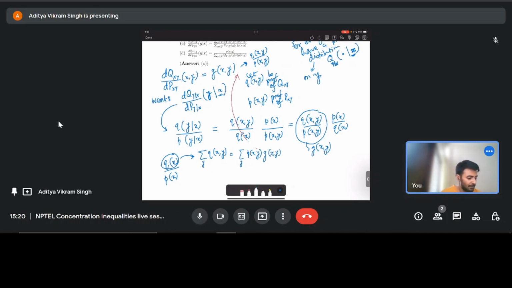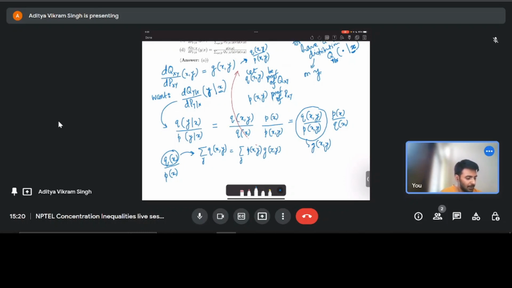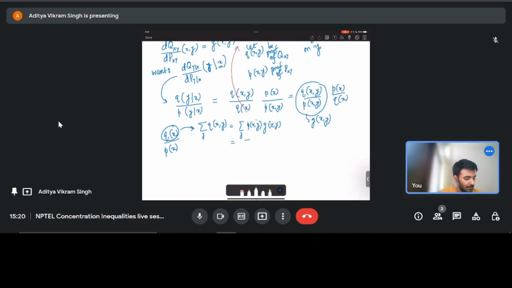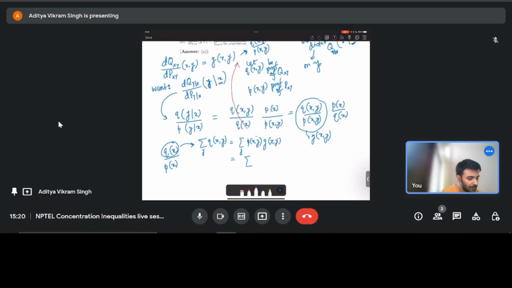Okay, so by definition of the Radon-Nikodym derivative, we have that q(x, y) can be written as this, and this can again be written as p(x, y). And now you have this p(x) in the denominator, right?